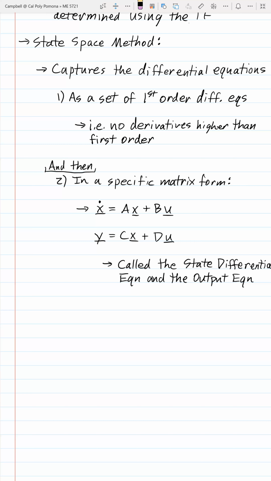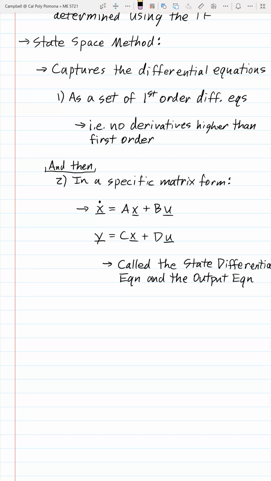You might be looking at this though and saying, yeah, Professor Densmore, this is a great representation with the exception of one enormously glaring problem, which is not all of our differential equations that are coming from our fundamental laws are going to be first order differential equations. All you have to do is look to Newton's second law, and what do you get? You get F is equal to the second derivative of the position with respect to time. And right there you have a second order derivative, and yet this matrix equation is only capturing first order derivatives.